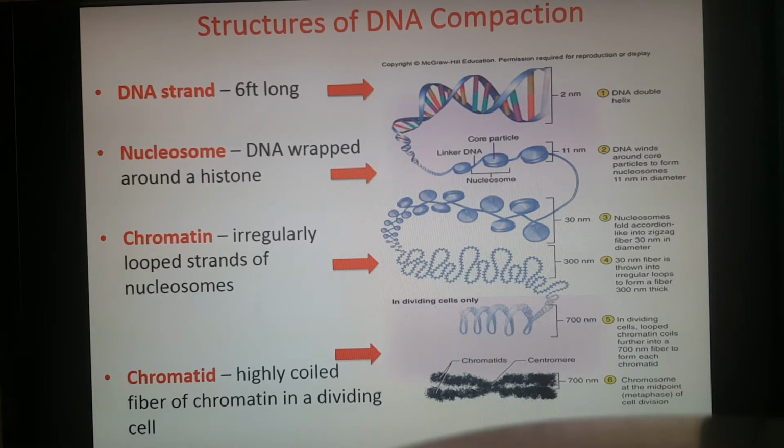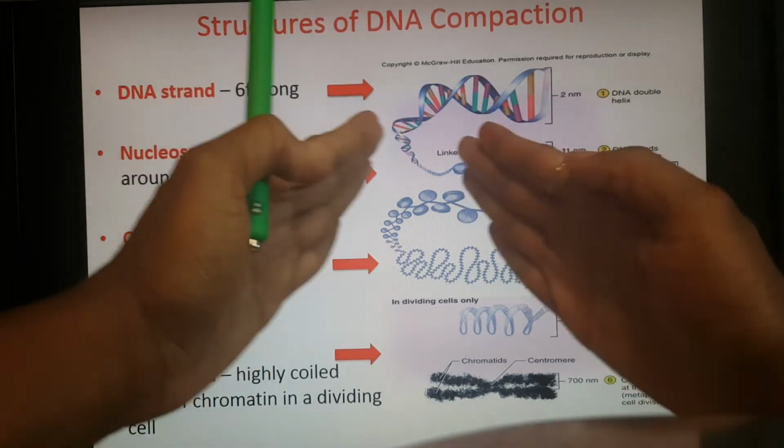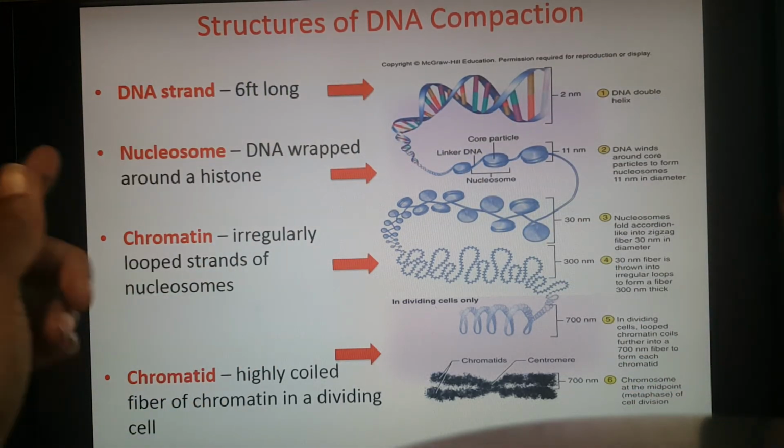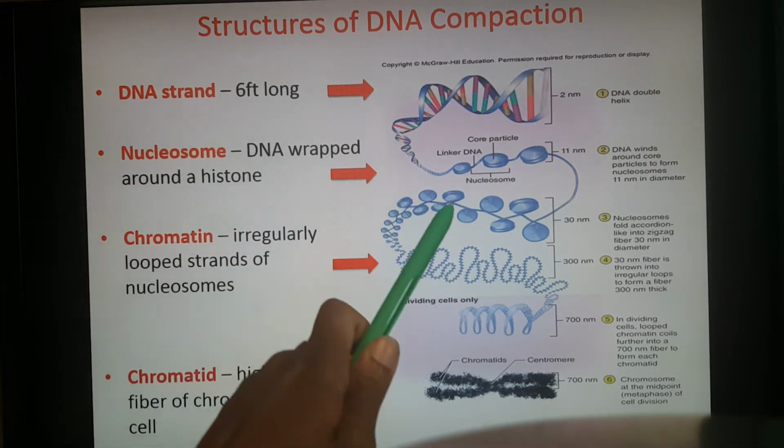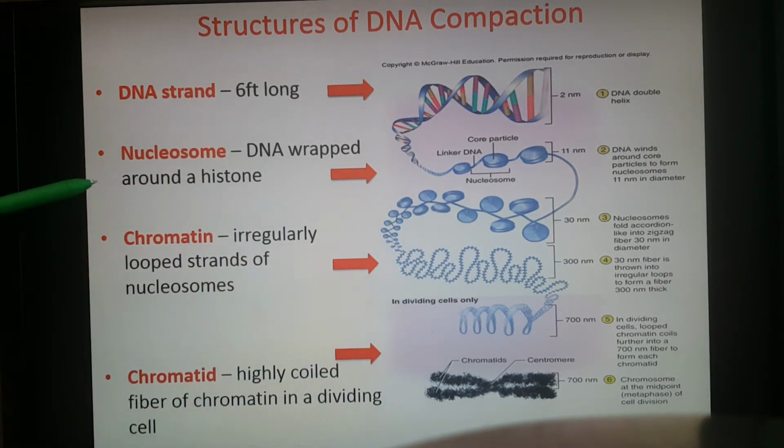We'll start with our least compact, no organization, just the basic strand. A whole DNA strand is about 6 feet long. In order to pack this very long molecule into something that can fit inside the nucleus of a cell, the first type of compaction is creating what's called a nucleosome.